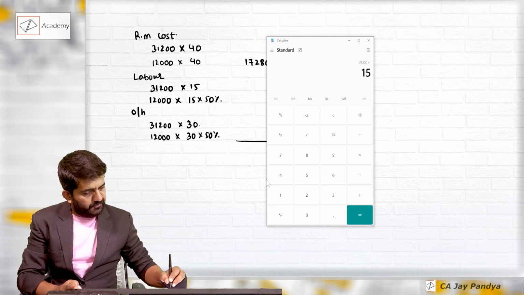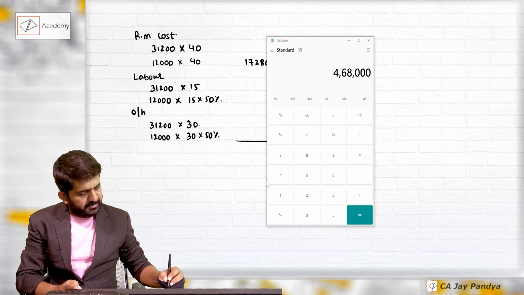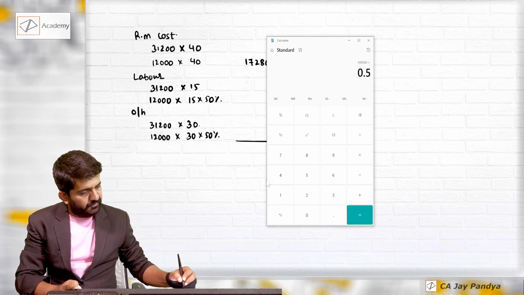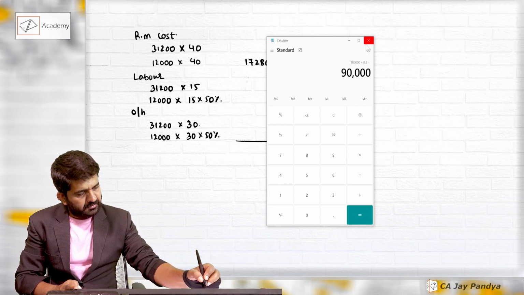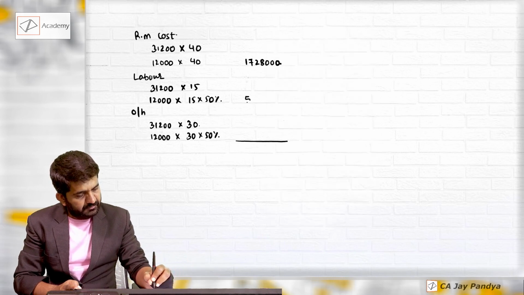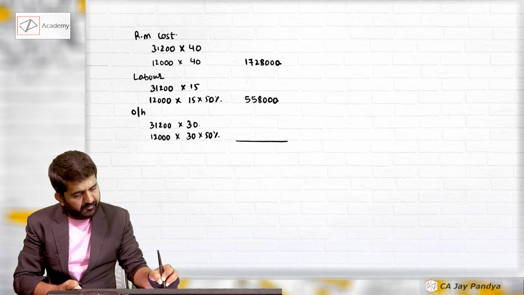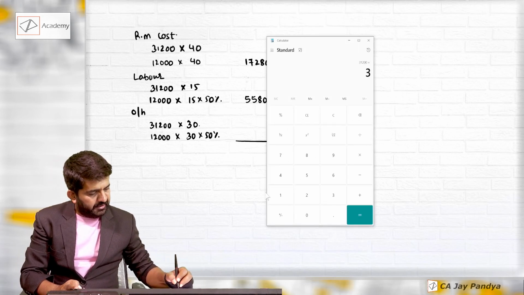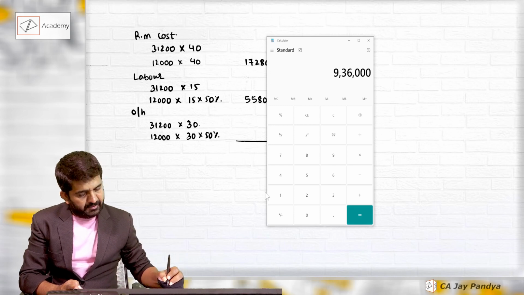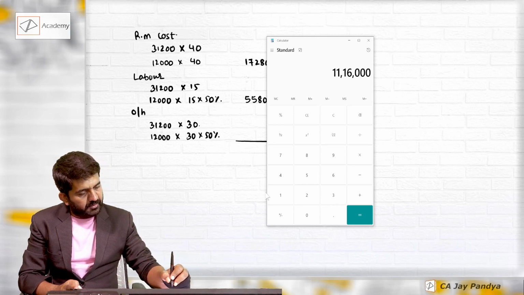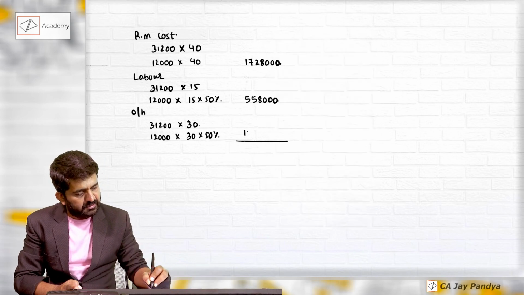Then 31,200 into 15 plus 12,000 into 15 into 50%, 90,000, so labor cost is 5,58,000. Overhead: 31,200 into 30 plus 12,000 into 30 into 0.5, the overhead cost is 11,16,000.